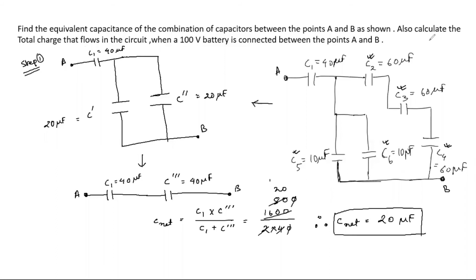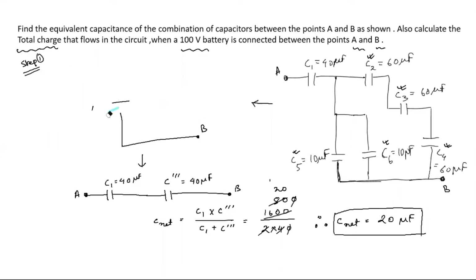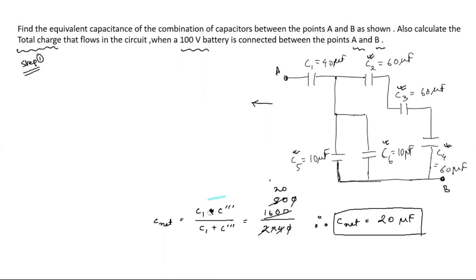Now our second question is we have to find the total charge that flows through the circuit when a 100-volt battery is connected to the points A and B. Since we have calculated our equivalent capacitance, this entire arrangement we can arrange as a single capacitor instead of considering the number of capacitors.